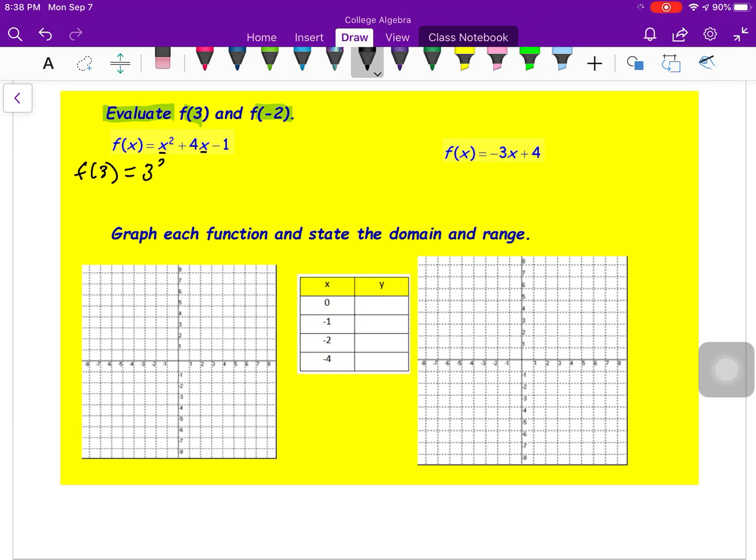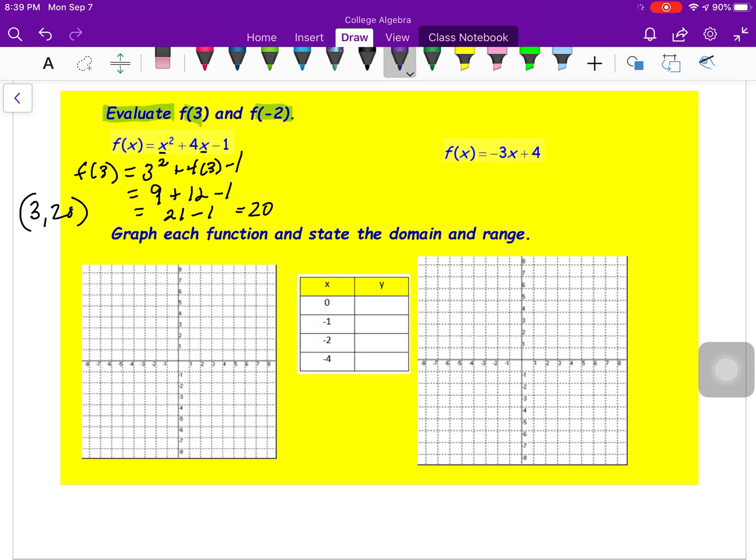So we'd have 3 squared plus 4 times 3 minus 1, which is 9 plus 12 minus 1, which is 21 minus 1, which is 20. So when I evaluate the function at 3, I get 20. Another way I could represent this answer is x was 3, y was 20.